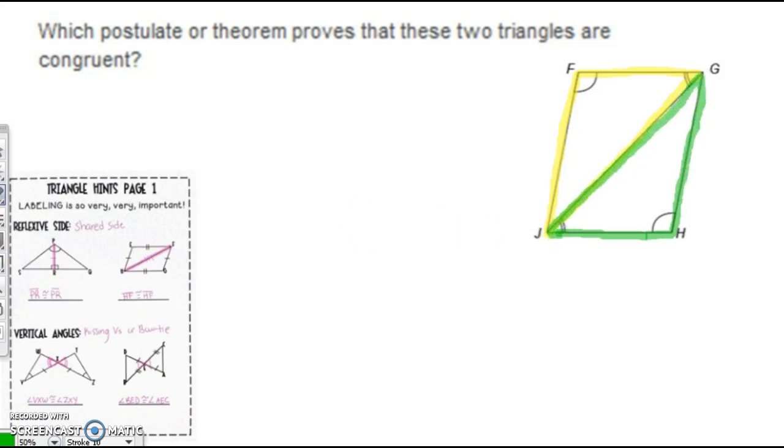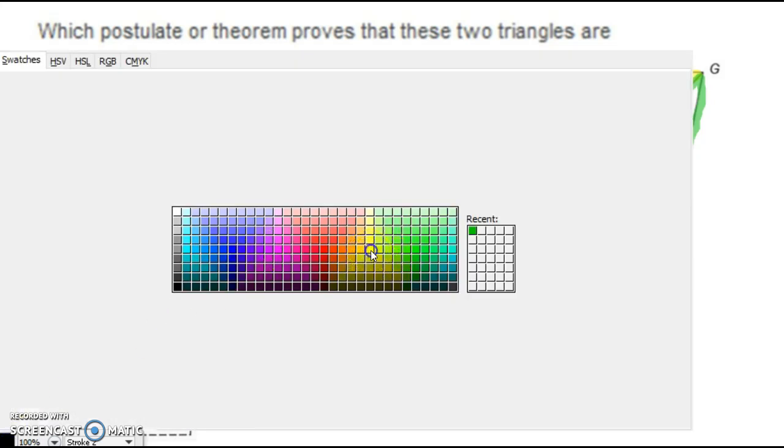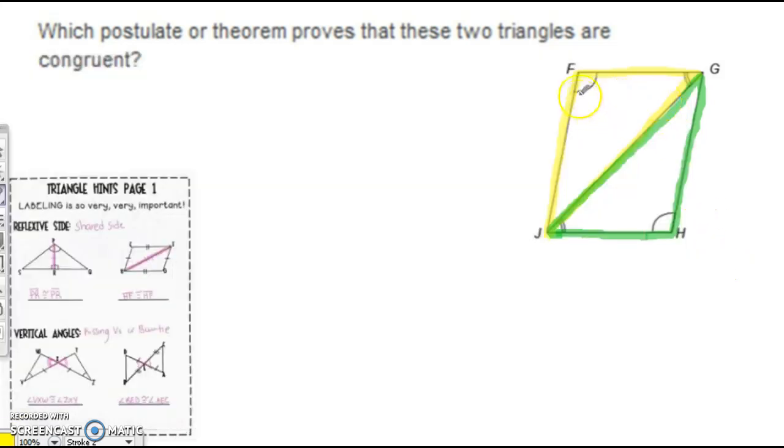Let's look at the markings that were already given. For the yellow triangle, we're given an angle and another angle. For the green triangle, we're given an angle and another angle. So we have 2 angles, but we need at least 3 things to prove that they're congruent.